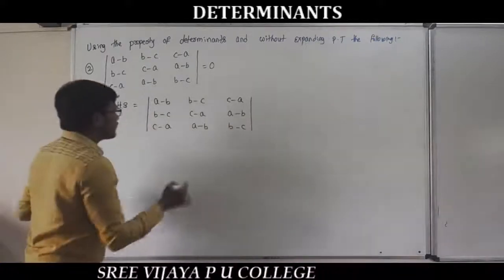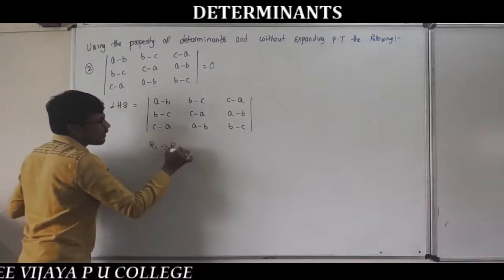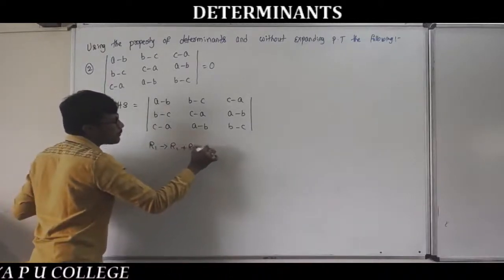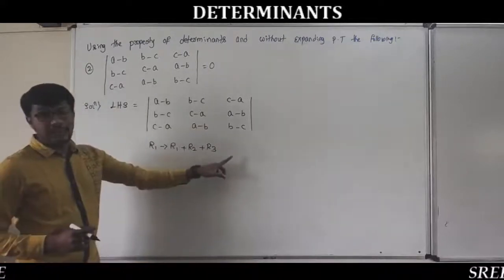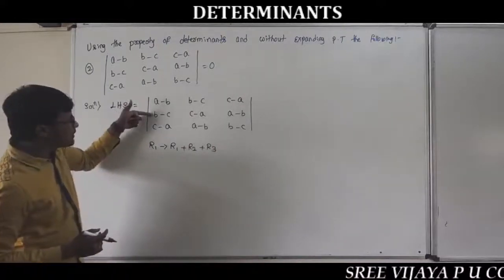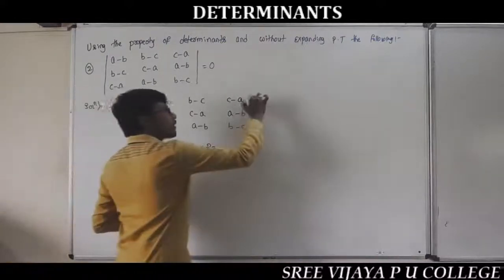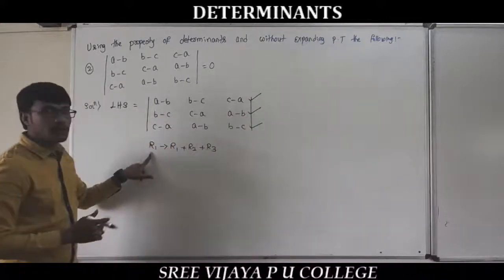So what I will apply here means, I will apply that R1 can be taken as R1 plus R2 plus R3. So you can add this plus this means R1 plus R2 plus R3 add. I am writing in R1 only. Okay.